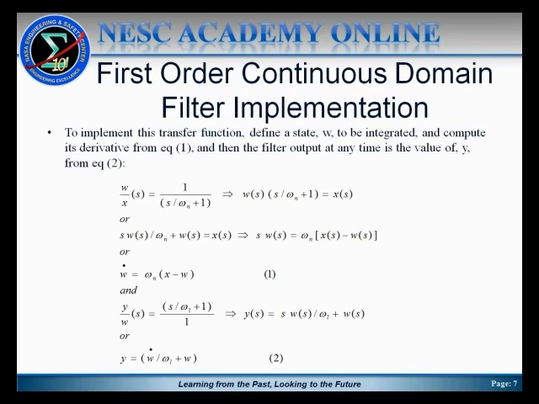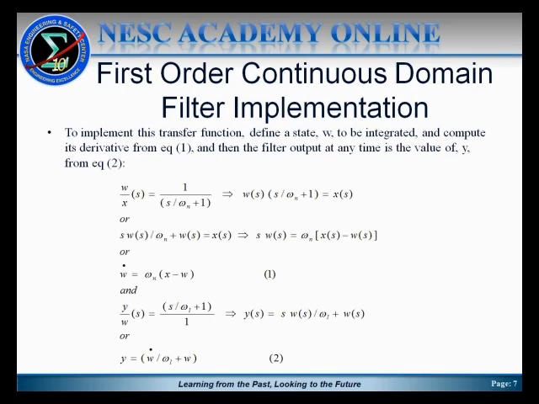Or rearranging, you could say w of s times (s over omega n plus 1) equals x of s. Or s times w of s divided by the lag frequency omega n plus w of s equals x of s. So then solving for s w of s, it's equal to the lag frequency times (x of s minus w of s).